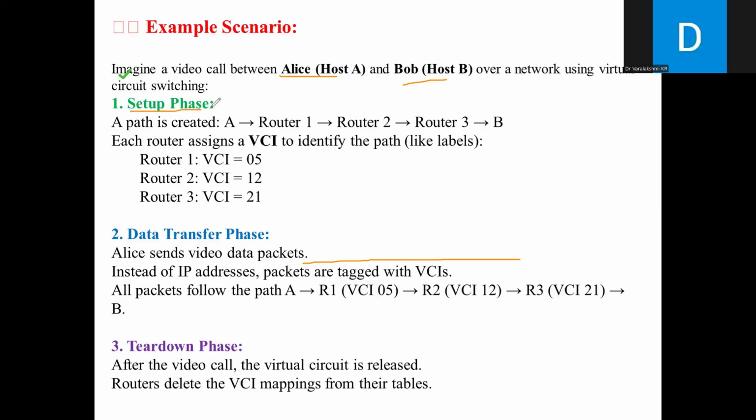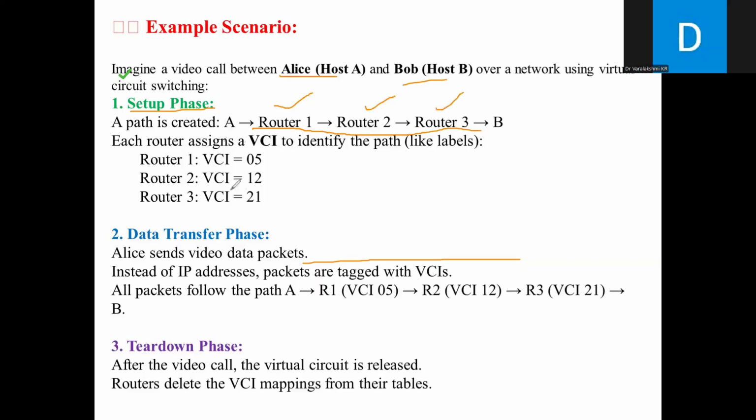The first phase is the setup phase. In the setup phase, the virtual path is connected between host A and host B, where you imagine two or three routers or switches in between, named router 1, router 2 and router 3.